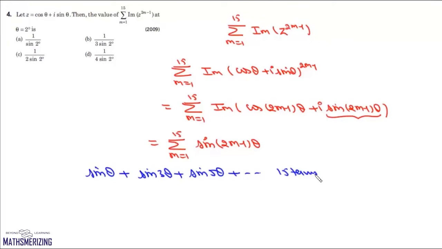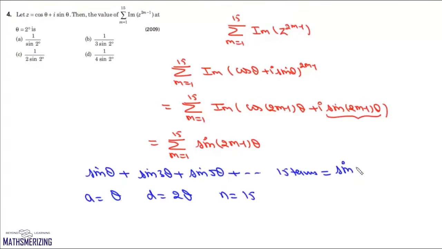Now here again angles are in AP. Here the value of A is theta, value of D is 2 theta and value of N is 15. So if we use this formula for sine, formula is sine n d by 2.